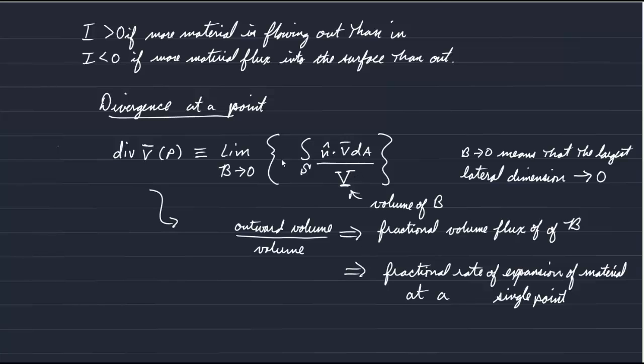So how do we calculate divergence? According to this definition, this is an integral over a surface of infinitesimal size divided by the volume of this infinitesimal volume. And that's a calculation that's not straightforward to do. So instead, we can calculate divergence as follows.